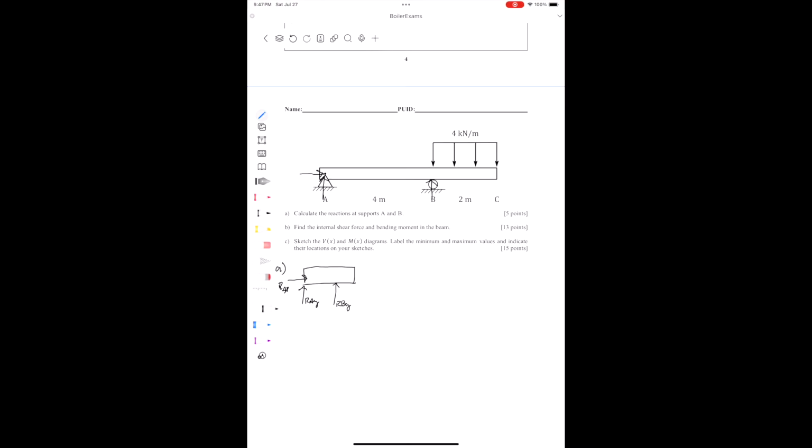And then somewhere in this overhanging section, for the purposes of calculating the reactions at the support, we're going to replace the distributed load Q of X with a discrete load Q, and we have to solve for the magnitude and location of that.